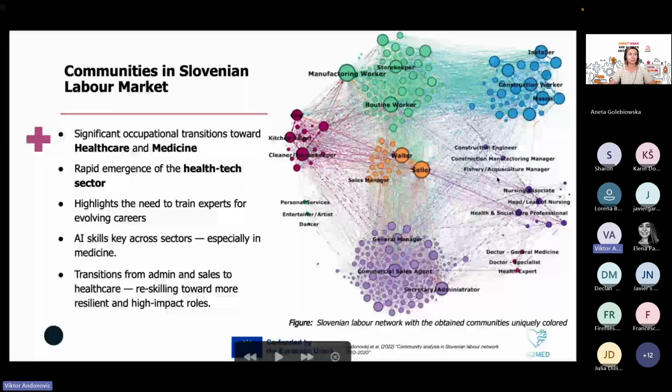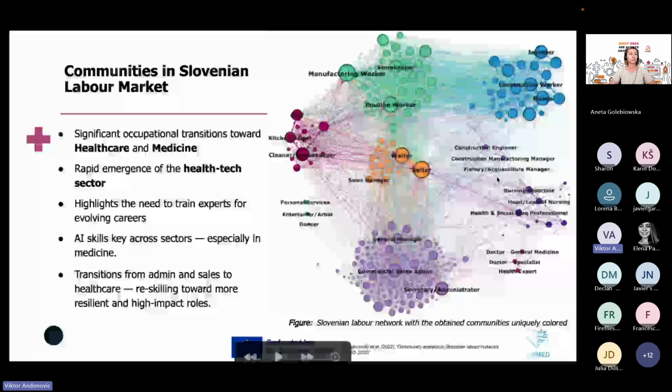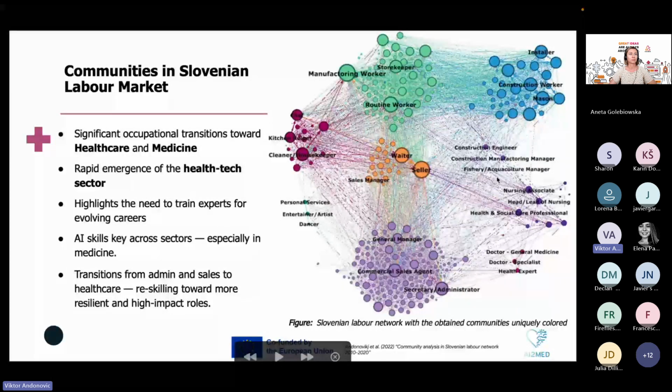For better visualization, we wrote only a couple of occupations that represent the community, the ones with the most transitions towards them. If we look at the other communities, there's no clear evidence what they are, but what we can surely see is that there are a lot of transitions towards the medicine and healthcare domain.